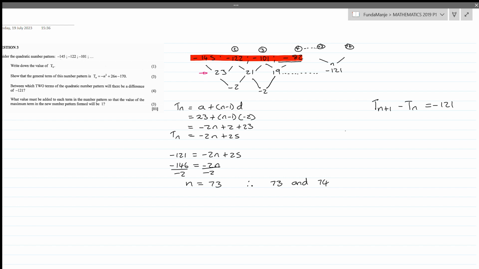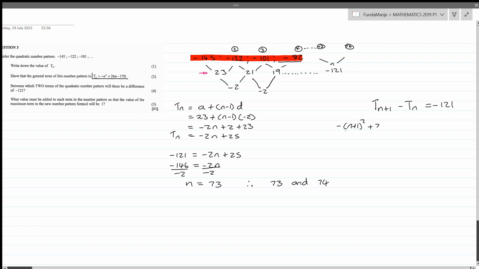So you basically use our original general formula, and everywhere you see n on this formula, you'd replace it with n plus 1 for the first part. So you would have something like minus (n plus 1) squared plus 26(n plus 1) minus 170.